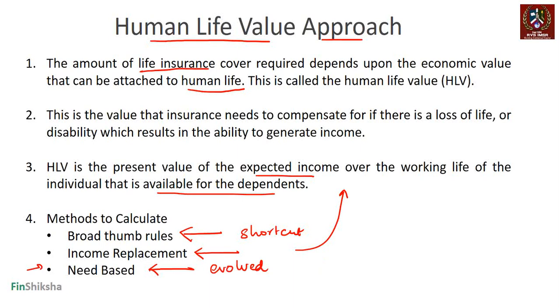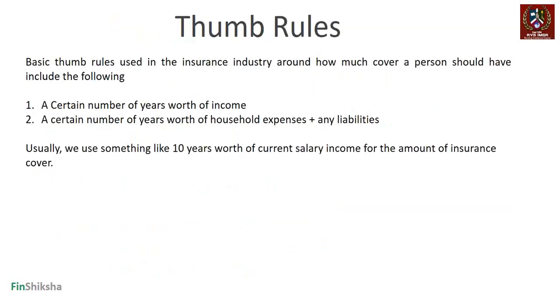So now let's try and focus on the methods to calculate this. The broad thumb rules that we will see will include broadly a certain number of years worth of income for a person, or a certain number of years worth of household expenses plus any liabilities, right? So let's take the first one, which is a certain number of years worth of income.